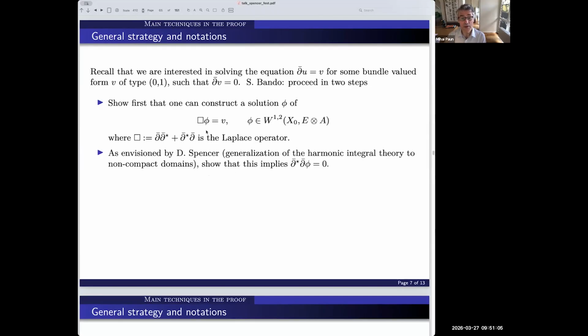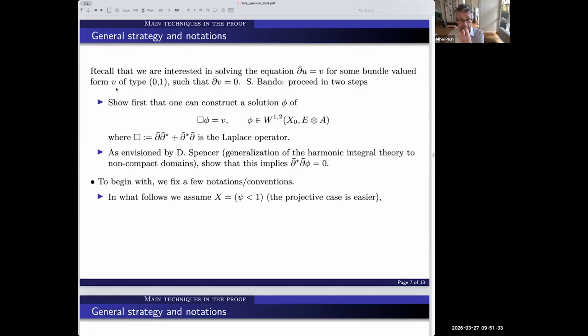Then the next step is to show that since V is dbar closed, this part of the Laplace vanishes when we apply it to phi, and this equality reduces to dbar star of phi equals V. So we found our U. Okay, so that's what I am going to explain next, how to perform these two steps.